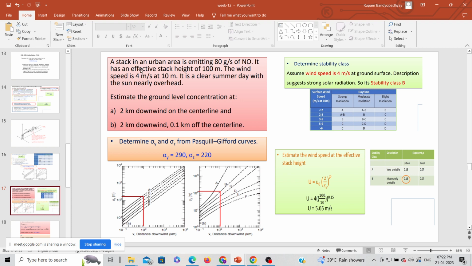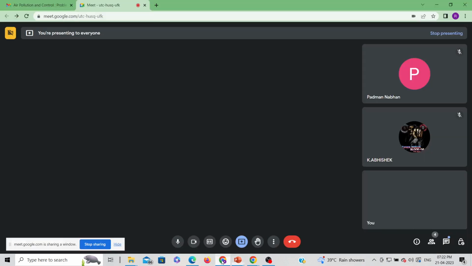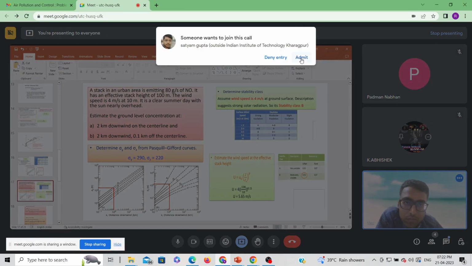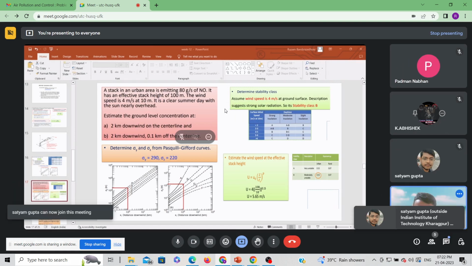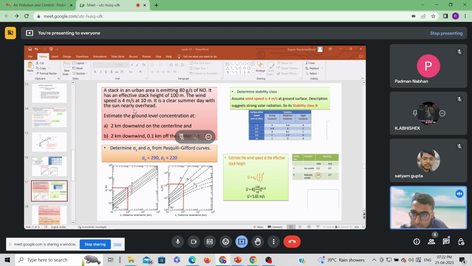The wind speed is 4 meter per second at 10 meter. So you have to change it to the wind speed at this 100-meter effective stack height. It's mentioned that it's a clear summer day with the sun nearly overhead.